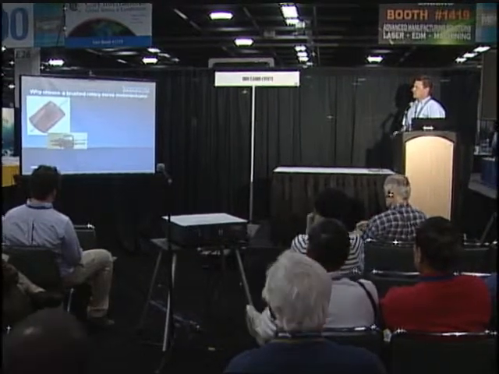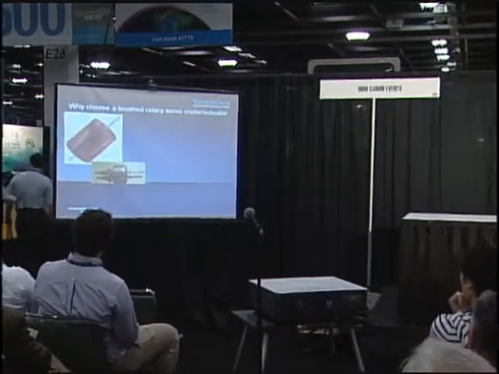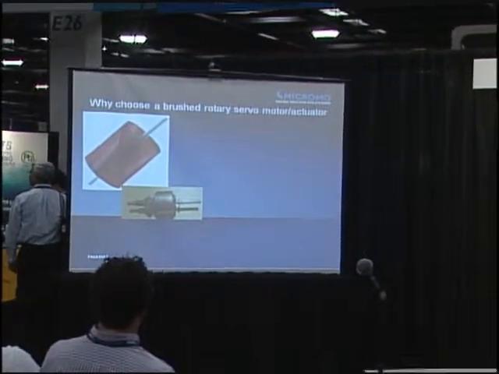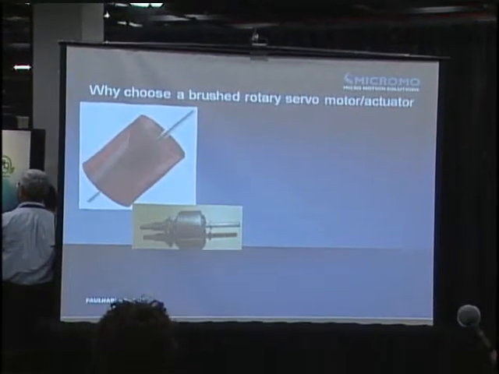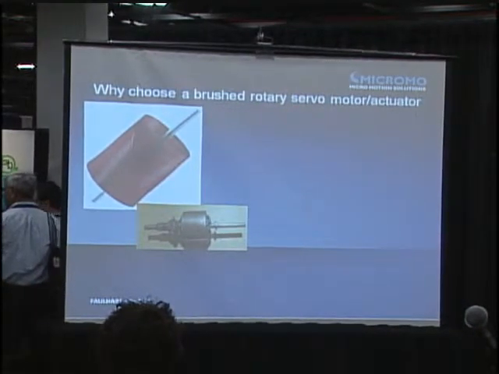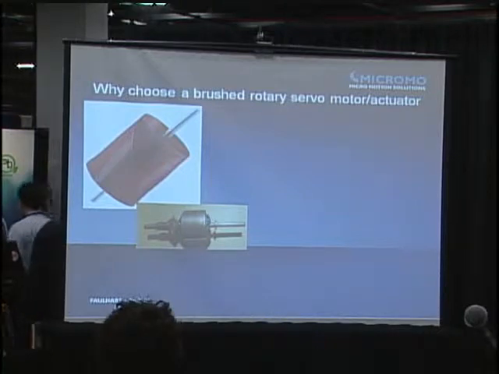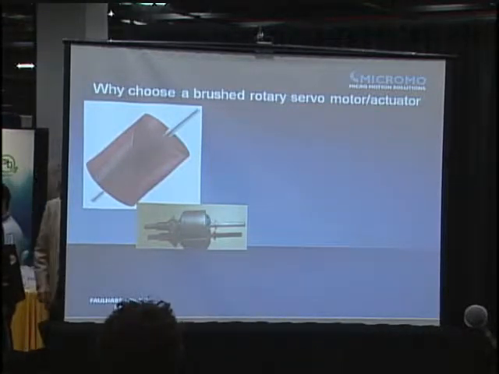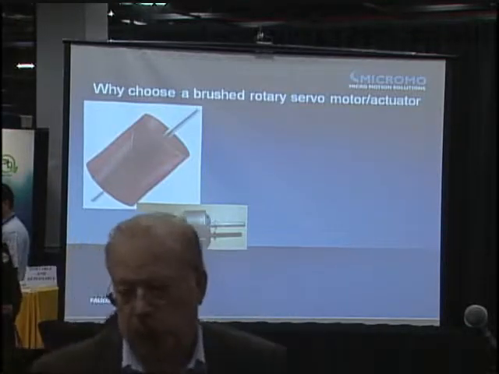As I mentioned before, a lot of the applications you're using brush motors simply because they're so prevalent and they're very efficient in most cases, and it allows you to typically use a ball screw or a lead screw to transmit from rotary to linear through a nut.